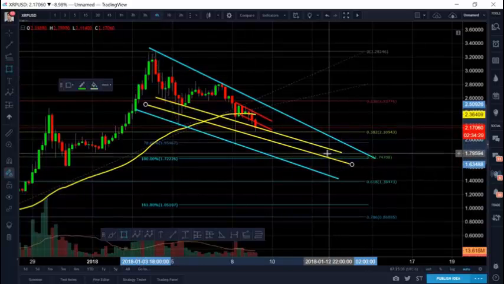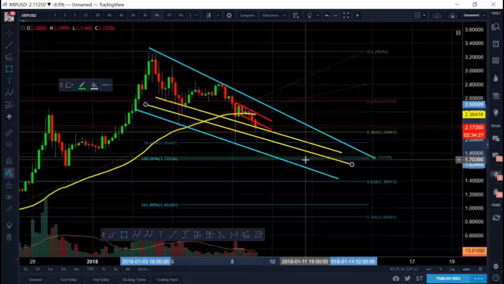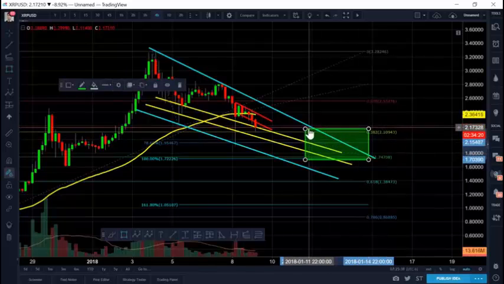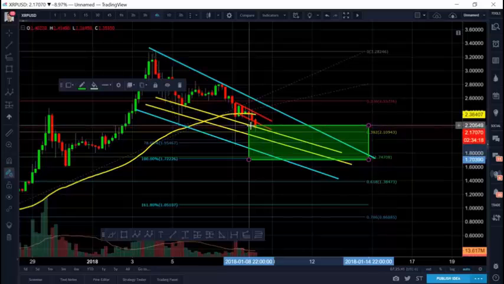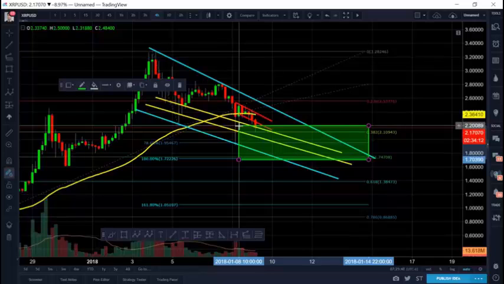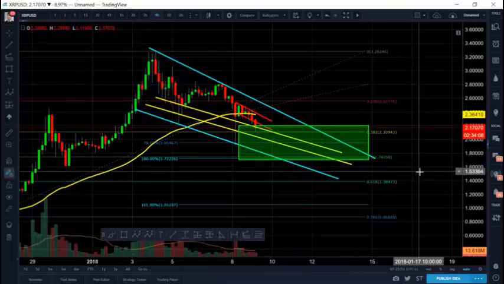So my buy zone once again is anywhere between 0.7 to now even under 220. That's my buy zone, guys. I want to see if it bounces at 382. It's absolutely possible if it's that bullish.